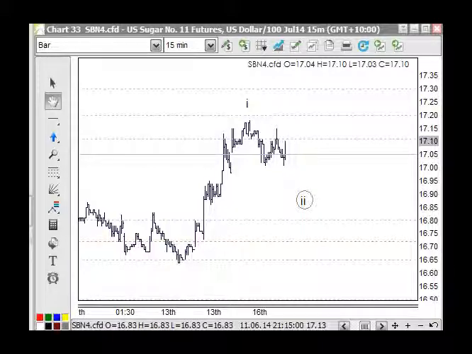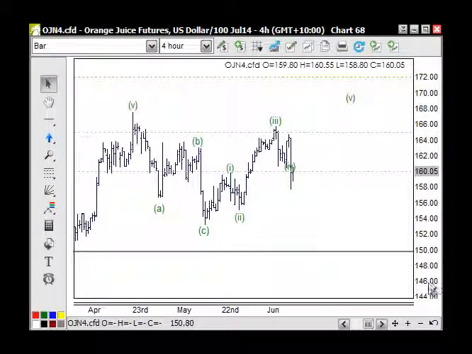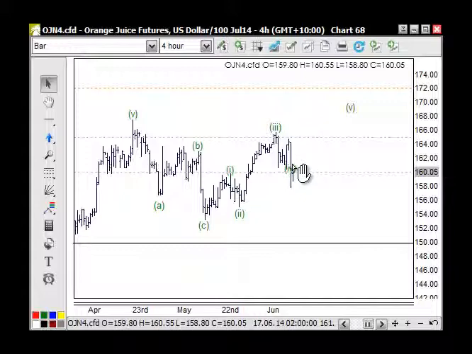The orange juice market had a spike down through here. The thing with this is that now this spike's come down through here, it's got overlapping wave structures. But looking at this bigger pattern, this little pattern in here is in 3 waves. So this is corrective, and whatever happens beyond here will be corrective as well.